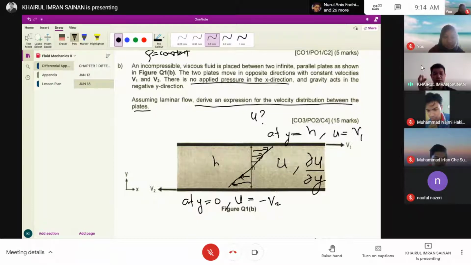The velocity profile looks like that because of the plate movement, not because of gravity. Simply said, to synthesize this: if you have gravity in the y direction but your problem is horizontal, cancel out gravity. That's it.